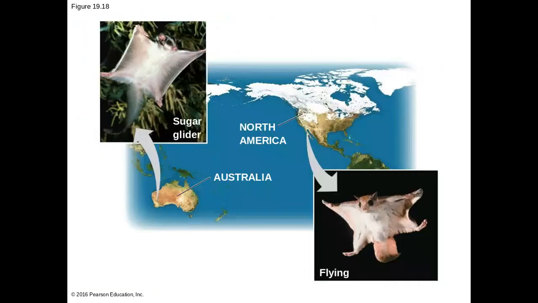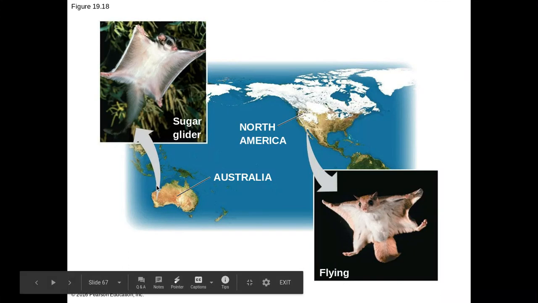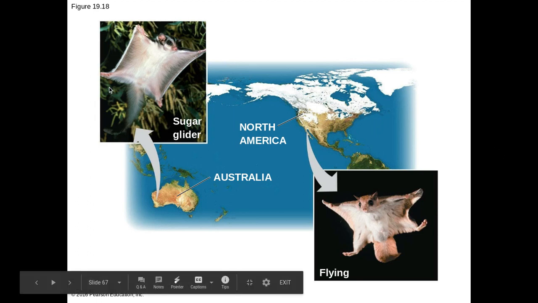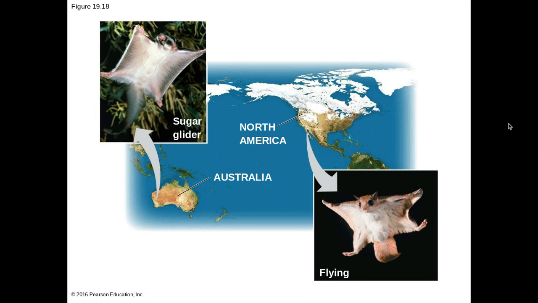So, for example, the sugar glider found in Australia and the flying squirrel, which is found in North America, both have this skin structure that allows them to glide in the air and go from place to place. You would think that these organisms would be related, especially based on the look of them, but we do not currently believe that they are related to a close common ancestor.